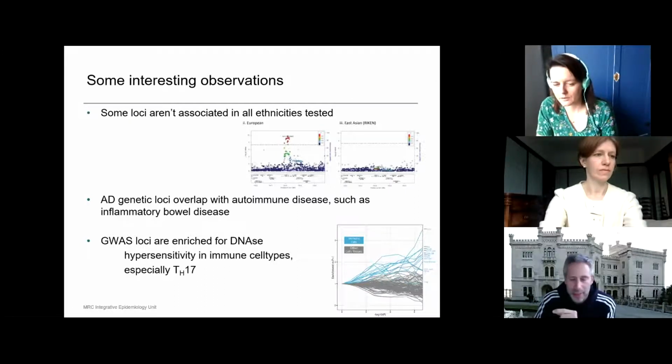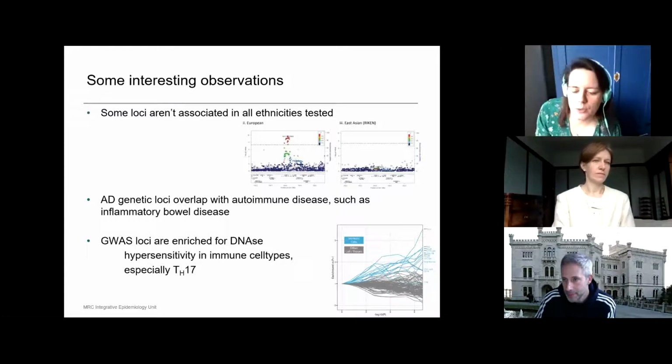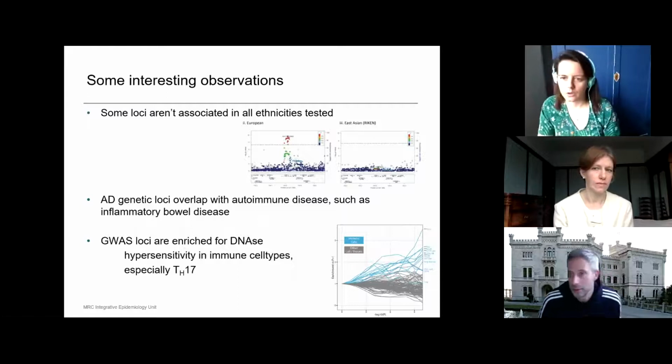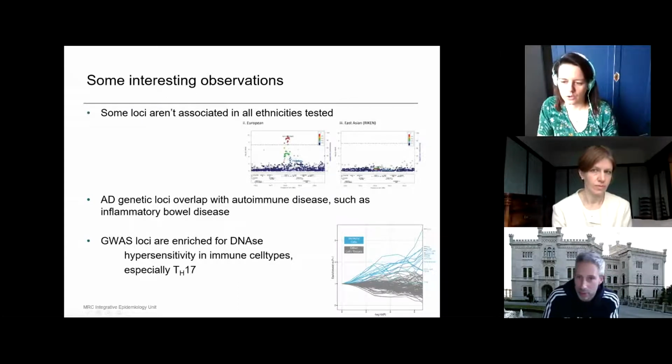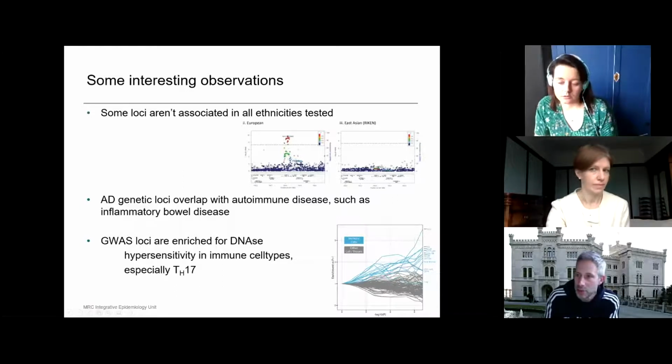I'll complete my question. If you have an underpowered GWAS analysis, so you don't see many peaks or you don't see any peaks in your analysis, can you still get information with the enrichment analysis? Yeah, absolutely. I think you would.